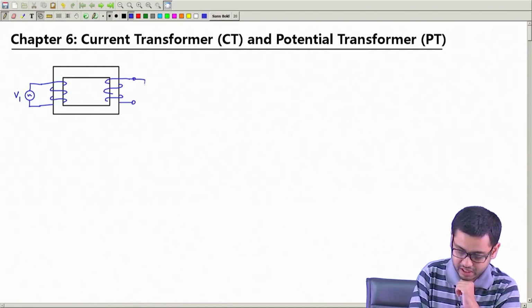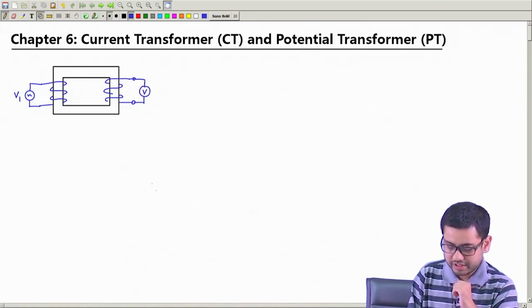So, if we connect a voltmeter, then we will have a voltage detected by this voltmeter.